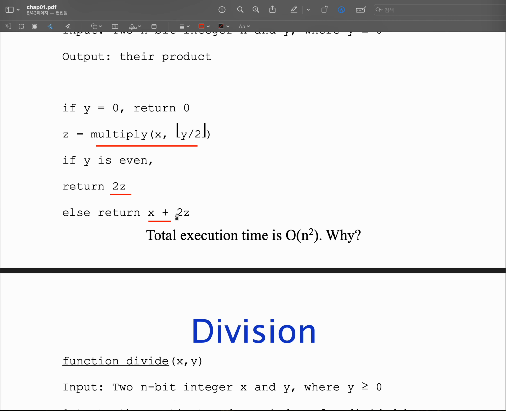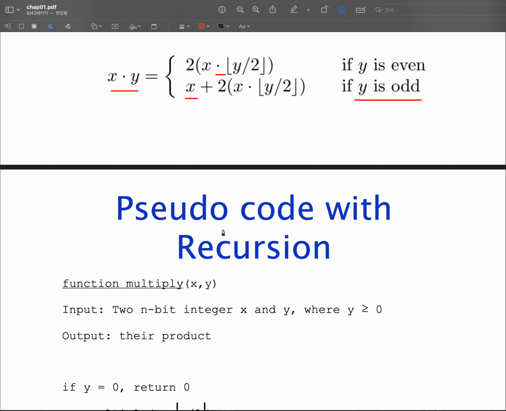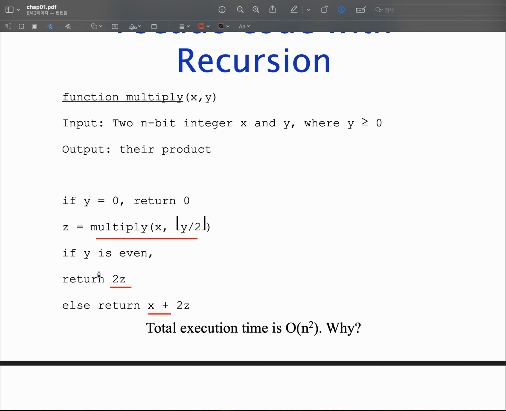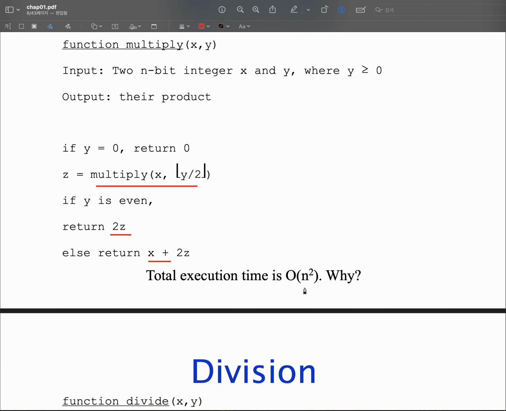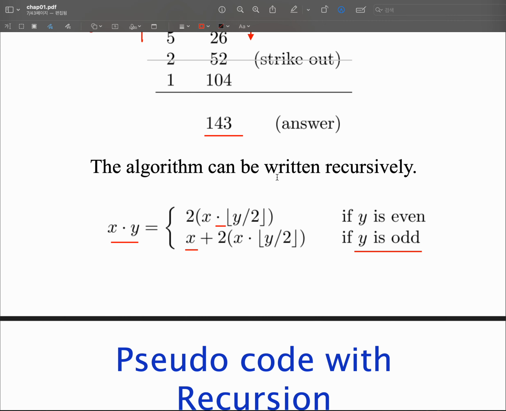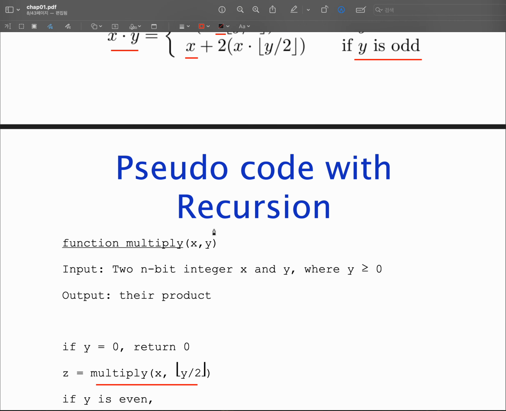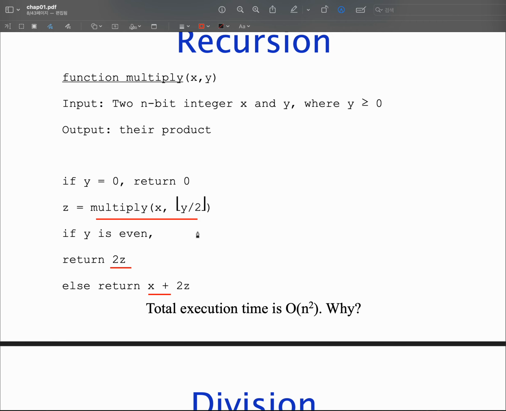When y is even, you simply double the number, and when y is odd, after you double, you have to add x again.